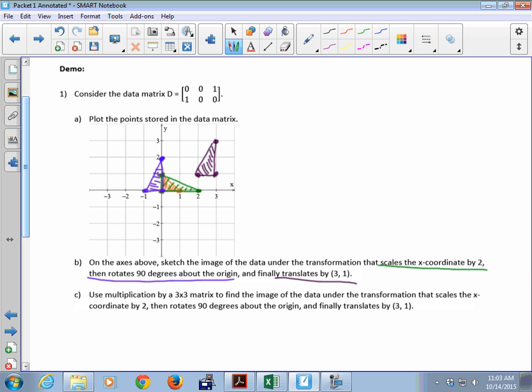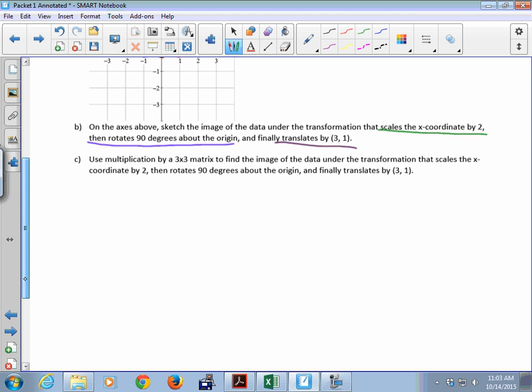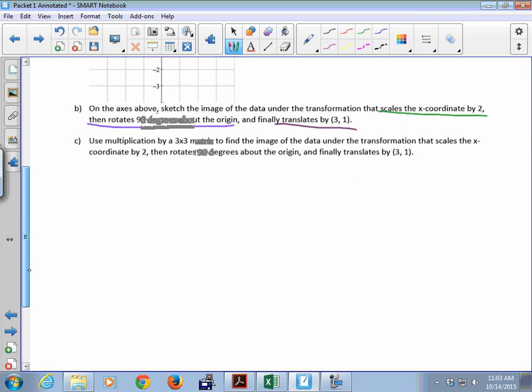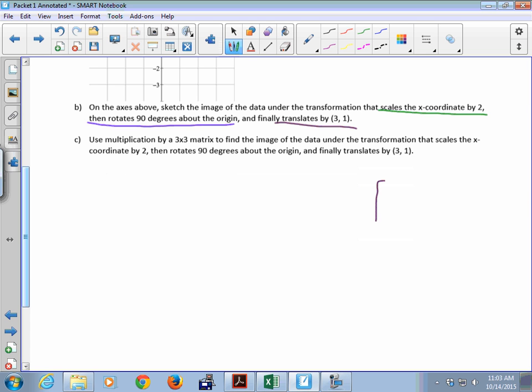Okay, so part B is to use 3 by 3 matrix multiplication to find the image of the data under these 3 transformations. So how could I program a computer to figure out where these things land? I start with my data matrix, and I'm going to use homogeneous coordinates.